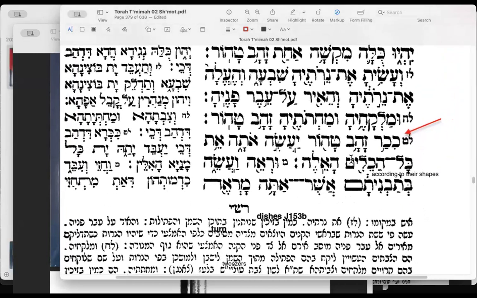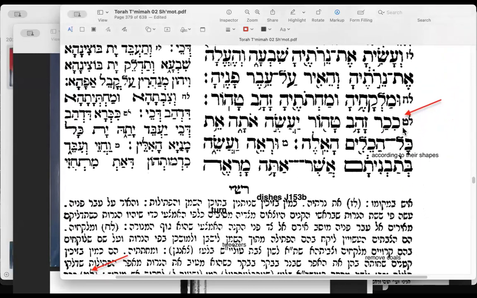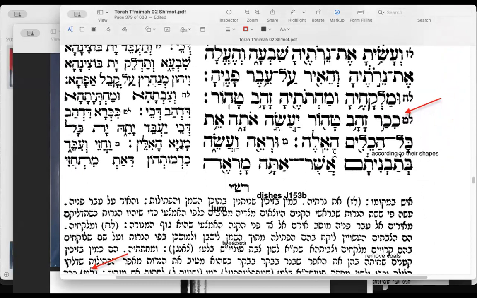So going on with the text itself, verse 39, Kikar Zahav Tahor Ya'aseh Ota, he should make it out of a talent of pure gold, et kol hachelim ha'ele, all these vessels that are mentioned.